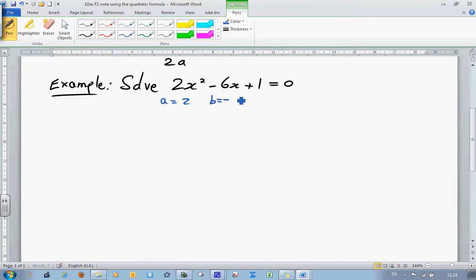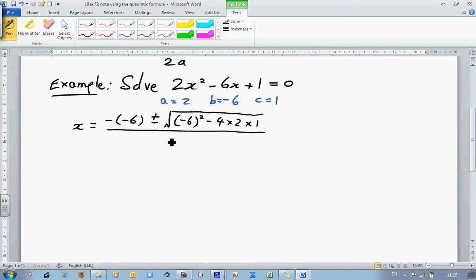And then all we have to do is put it into the formula. x equals minus b plus or minus the square root of b squared minus 4 times a times c all over 2 times a. So I would write it out in full like that, and then probably in the next line the best thing to do is just make a tidy up.